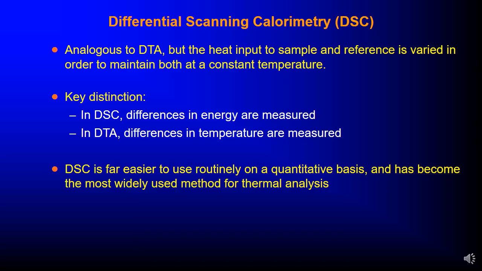In differential thermal analysis, differences in temperature are measured. Very important. So differential scanning calorimetry is far easier to use routinely on a quantitative basis and has become the most widely used method for thermal analysis, because we just measure the difference in energy.